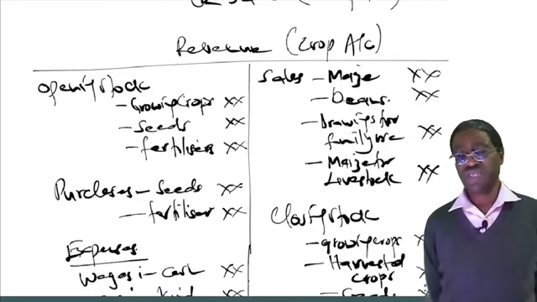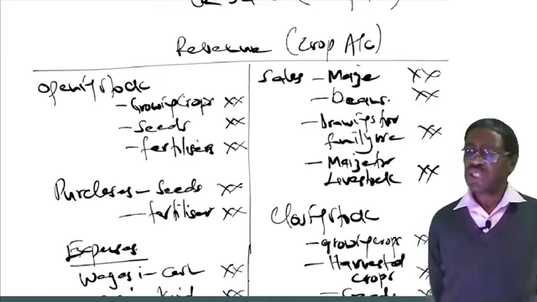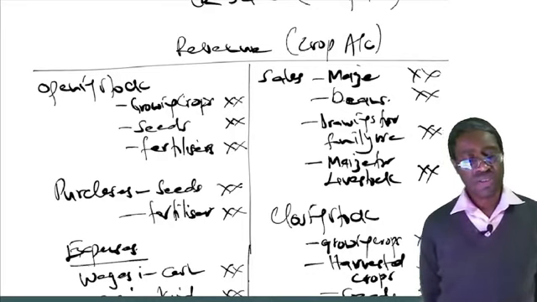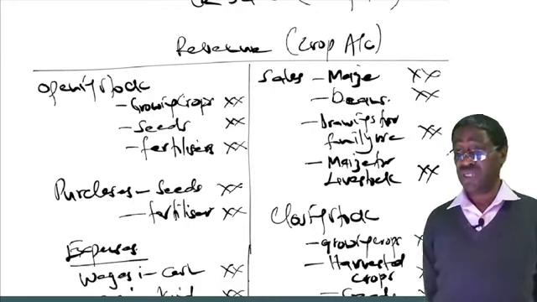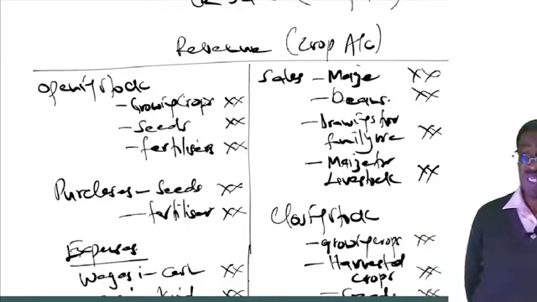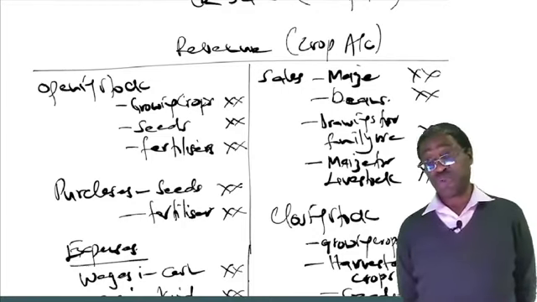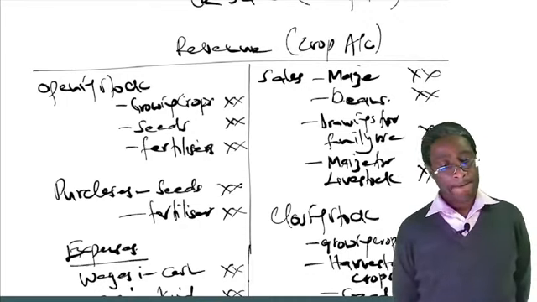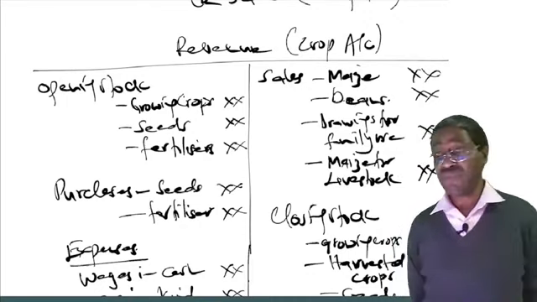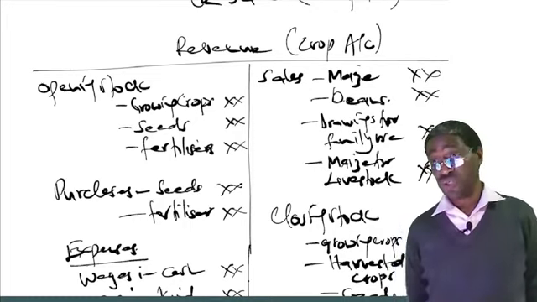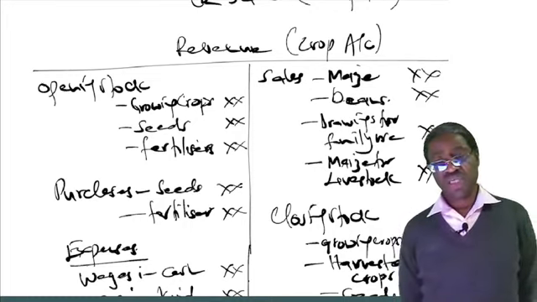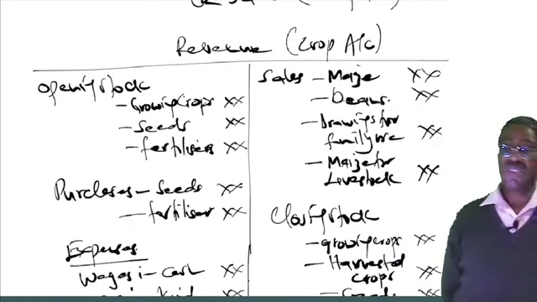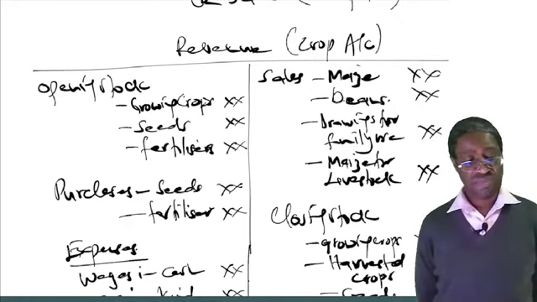Then you say this: for each farming activity, a revenue account is prepared to determine the profit or loss from such activity.